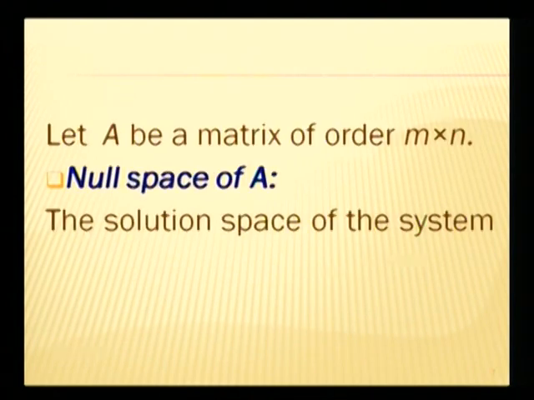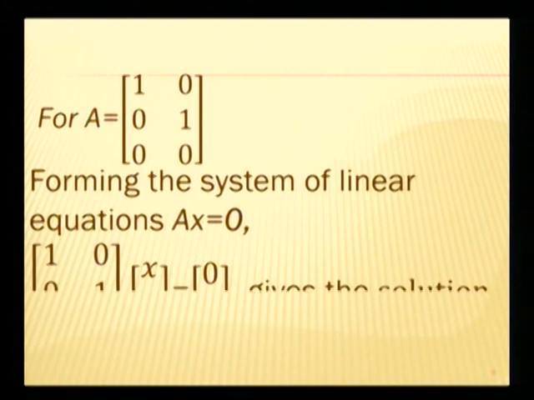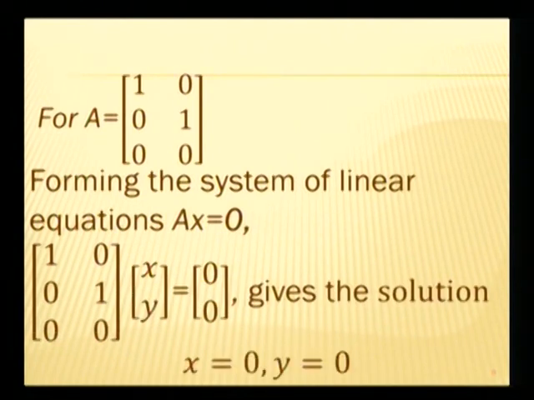Now we'll define null space of the matrix. So for the matrix with m rows and n columns, the solution space of the system of homogeneous linear equations Ax = 0 is called the null space of A, and it is a subspace of R^n. Now let us find what is null space for this given matrix.